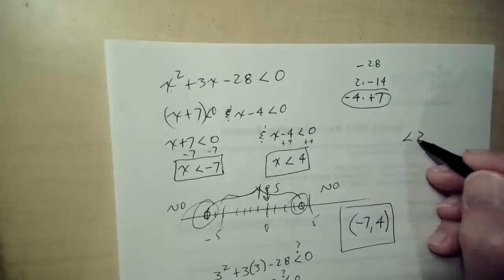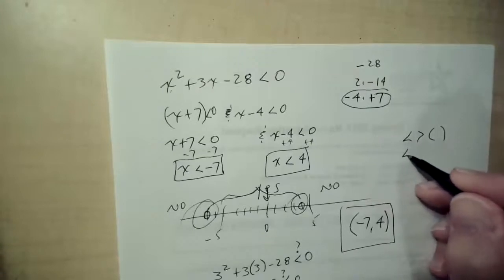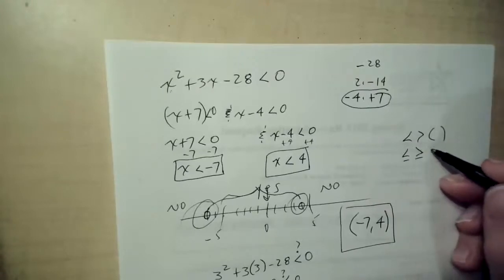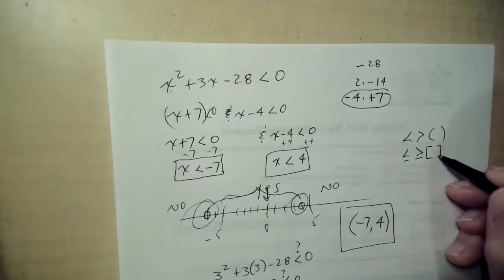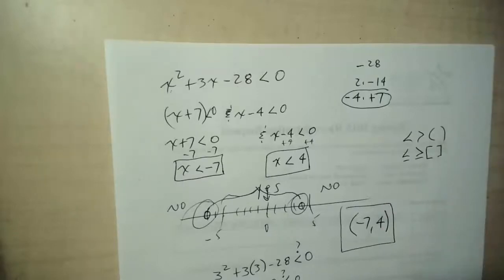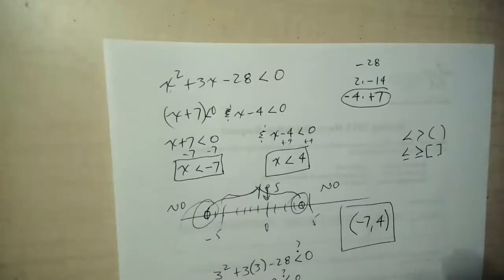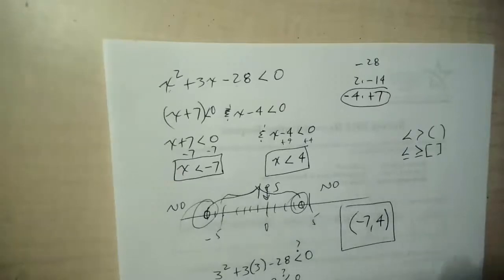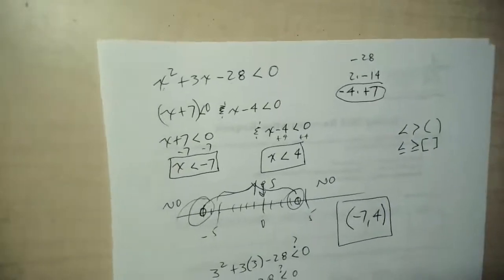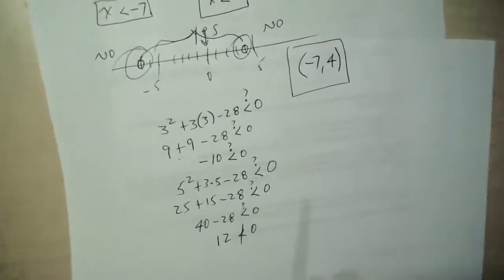And again, parenthesis because it does not include. Remember, less than, greater than, we use parenthesis. Less than or equal to, greater than or equal to, we use brackets. And remember, you solve inequalities just like equations with one exception. If you multiply or divide by a negative number, the sign flips.